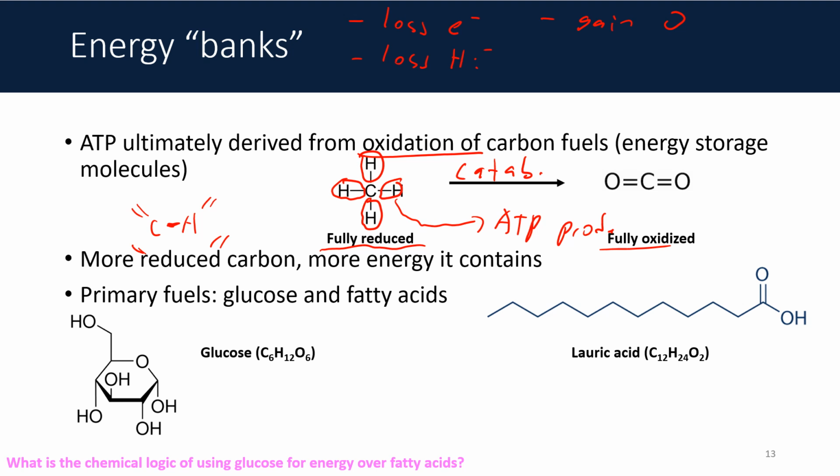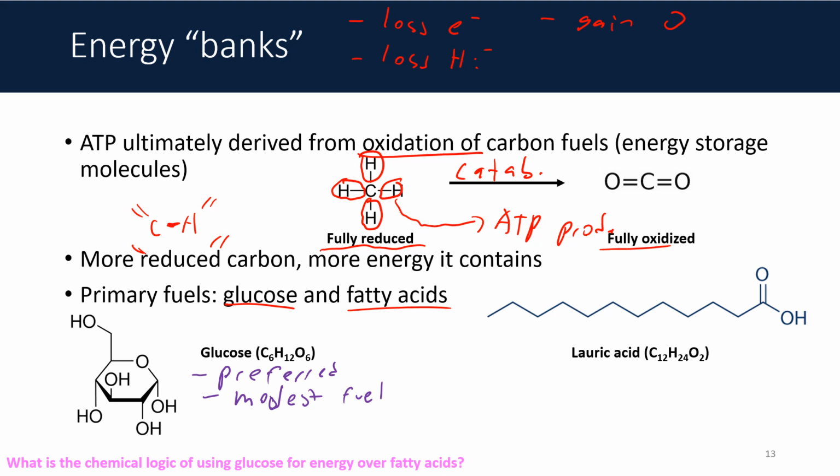Let's apply this concept to the primary fuels used by biology, glucose and fatty acids. Right? Glucose is the preferred fuel. It contains only a modest amount of fuel potential, though.